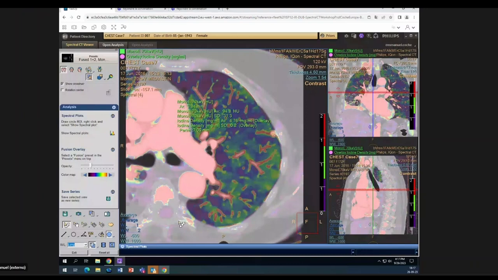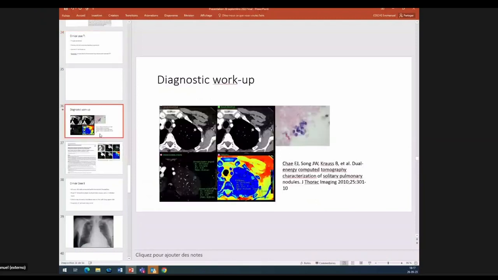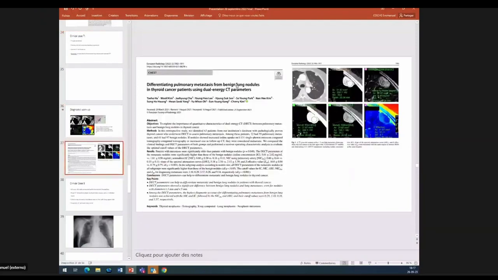So there are some publications dealing with lung nodules in patients with thyroid cancer, and by using spectral CT data, if you are using iodine content and the value above 3.60, you can characterize lung nodule, and it's consistent with thyroid carcinoma metastasis.